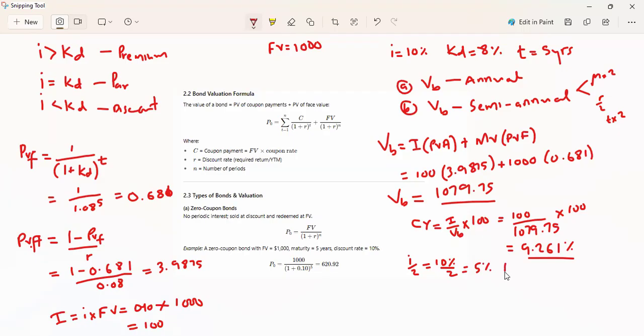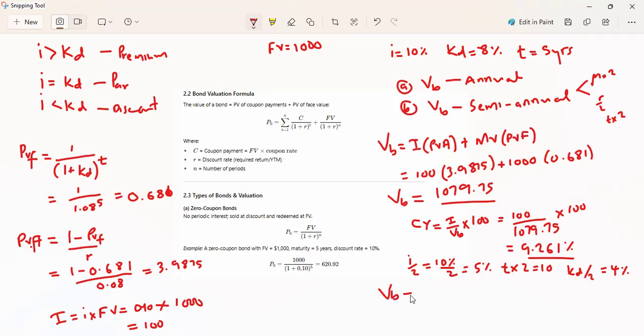Then time times 2, what do we get? 10. And the KD was 8%, divided by 2, it's equal to 4%. So I want you to help me find now, because we need to find the value of the bond.